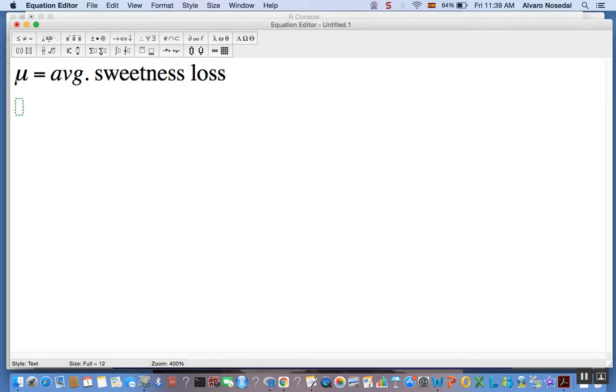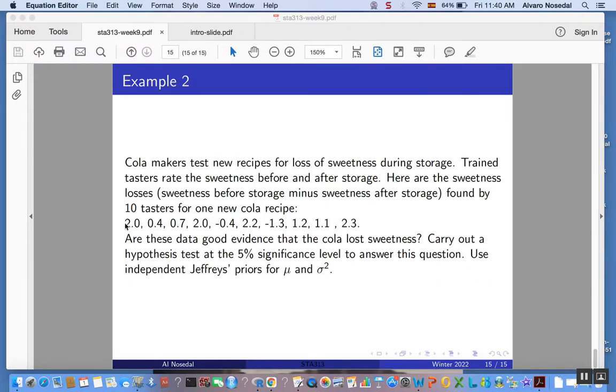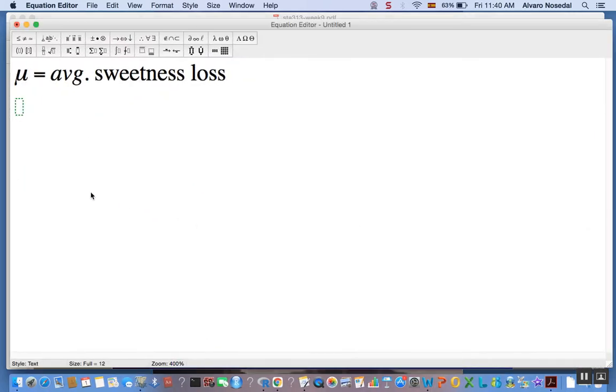We know that the hypothesis that we want to test is whether or not that average is positive. Because what we want to see is if the ratings that the soft drink got before storage were higher than after storage. So we want to see if the average for these differences is positive.